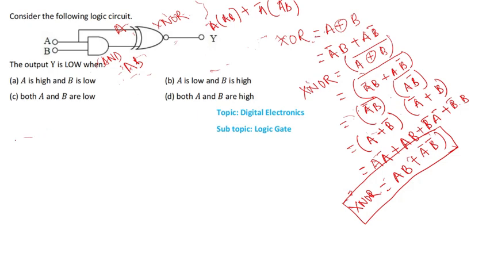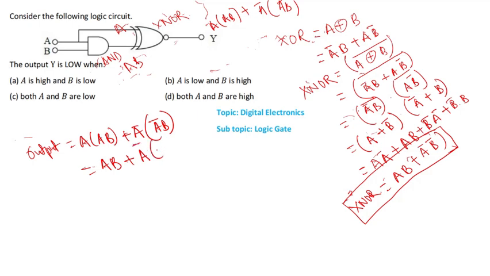So we can write the output here also as A into AB plus A bar dot AB bar, right? A is A, so AB into, we can easily write it as A bar plus B bar, okay?